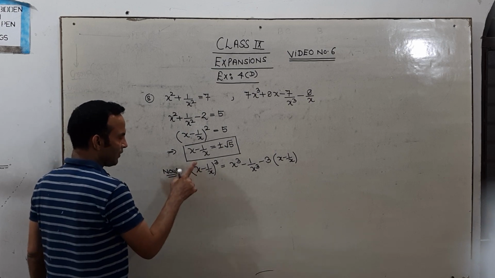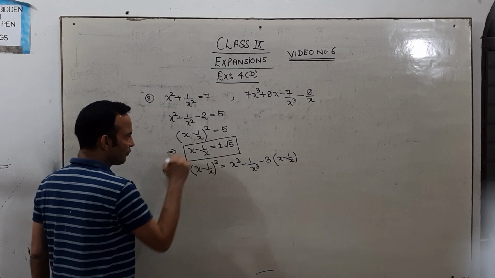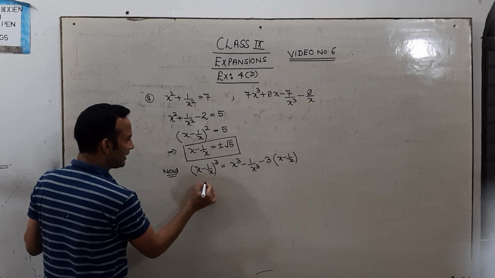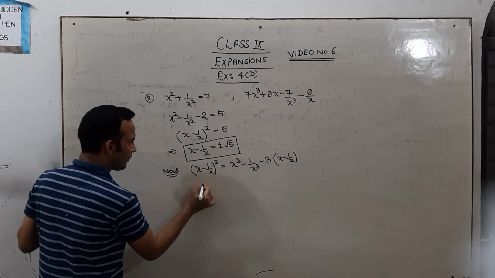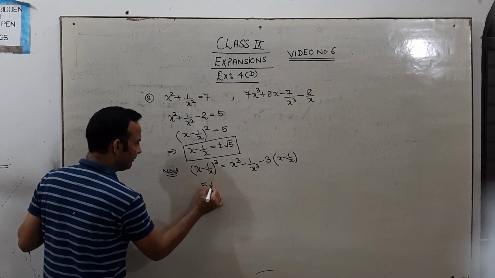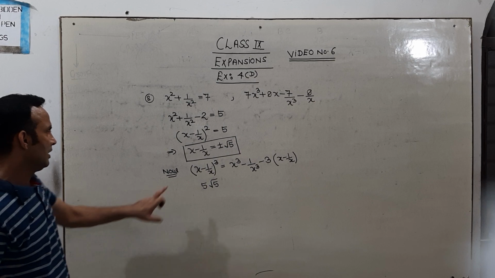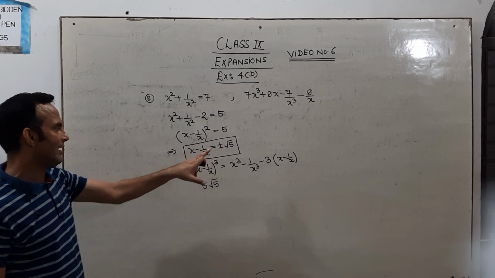Now, first we take positive root 5. When this is positive root 5, then it becomes what? 5 root 5. Root 5 into root 5, 5 into root 5.